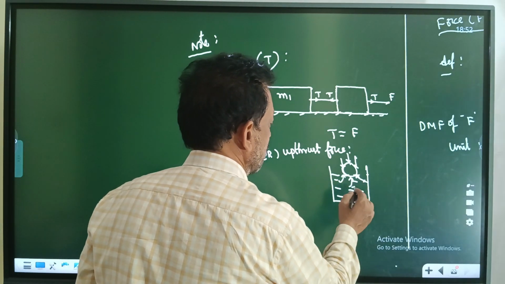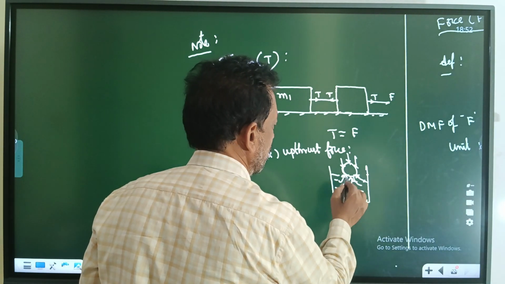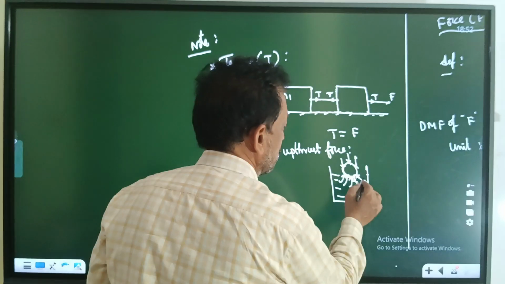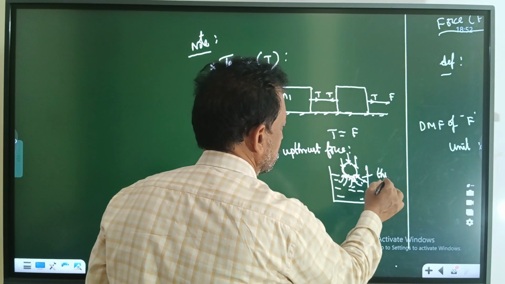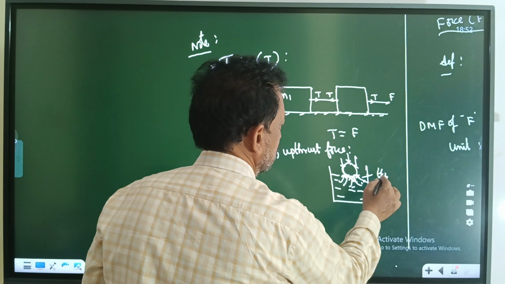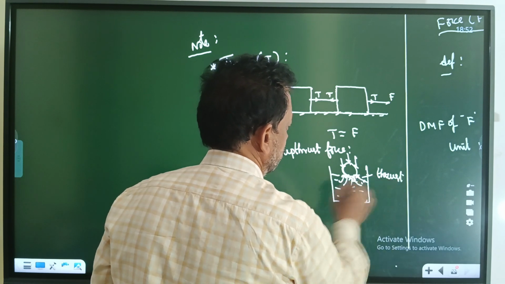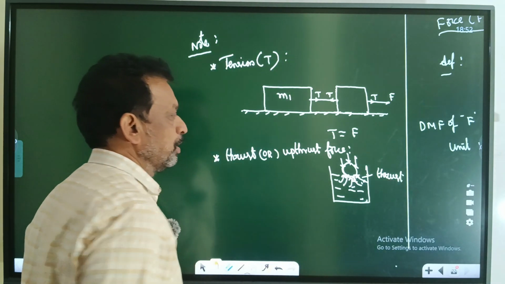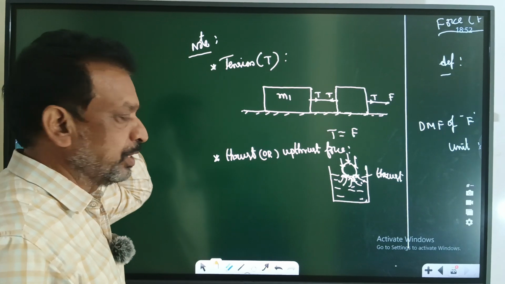This upward force is called thrust, generally used in fluids. Thrust and upthrust are the same.